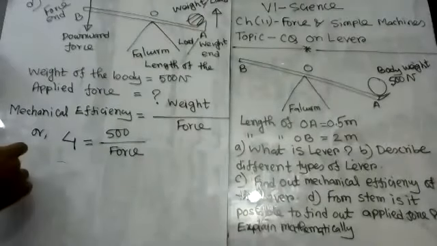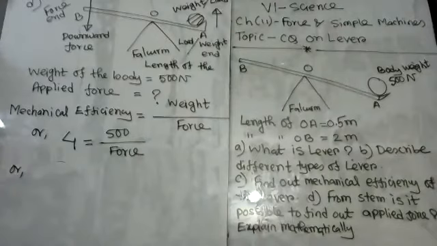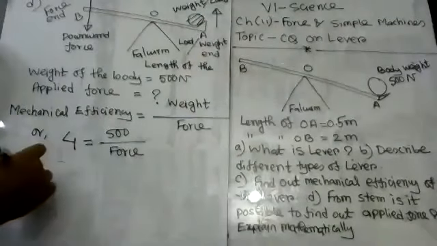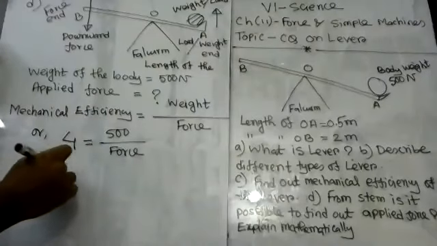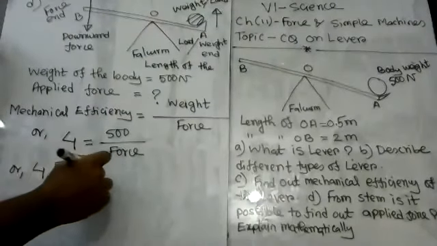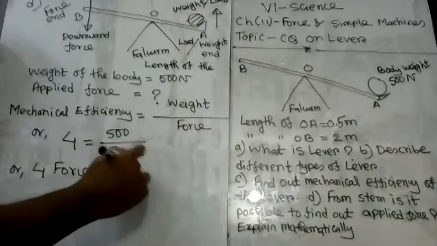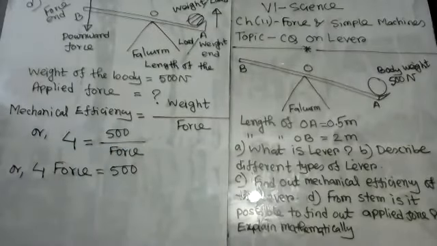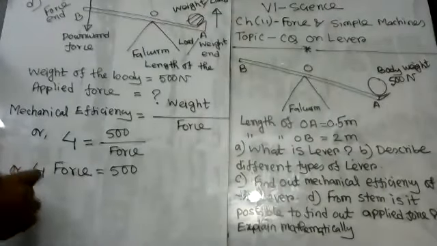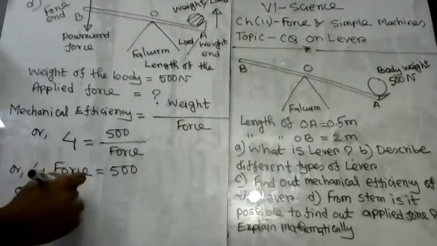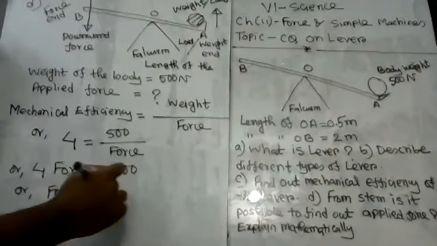Now cross multiply this equation. After cross multiplying, you can say that 4 into applied force will equal to 500. Now, from here, applied force will equal to what?